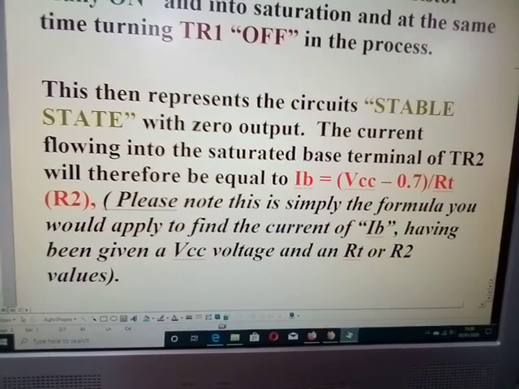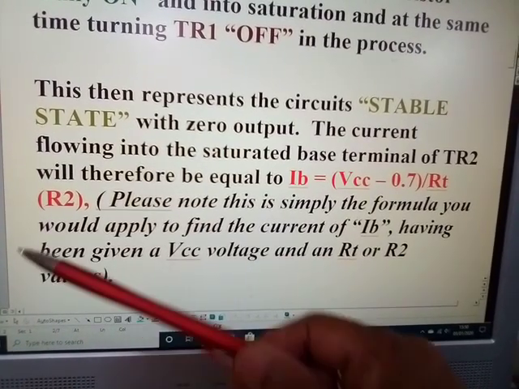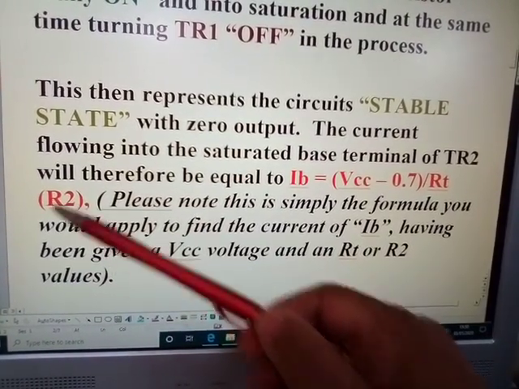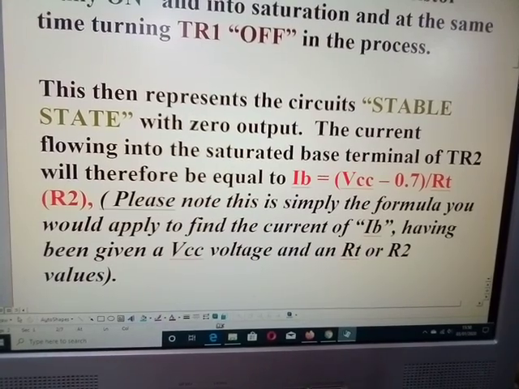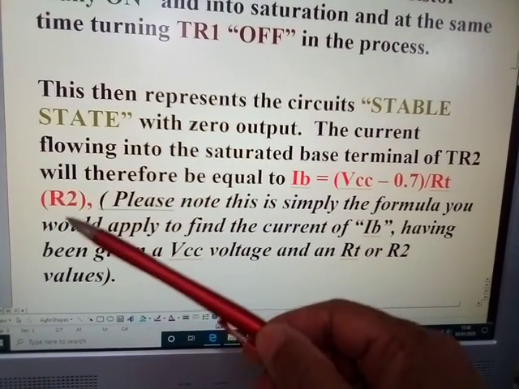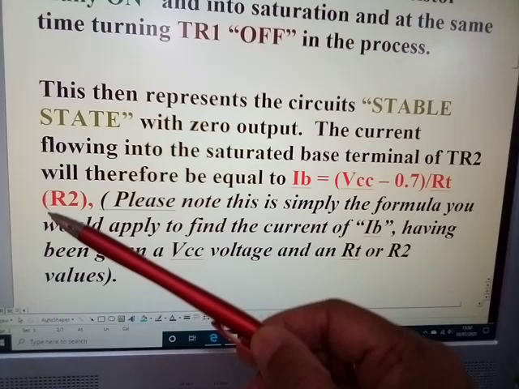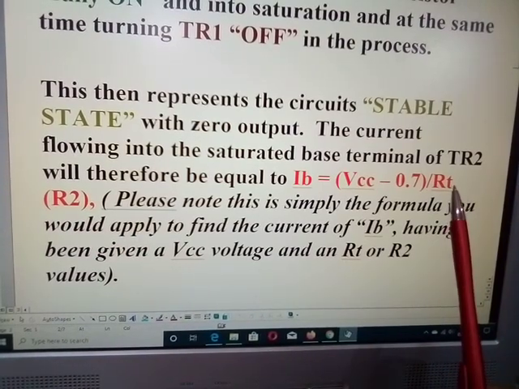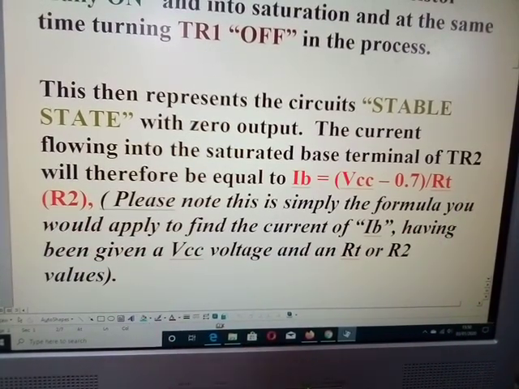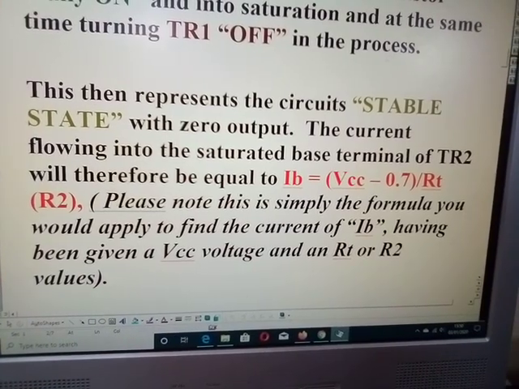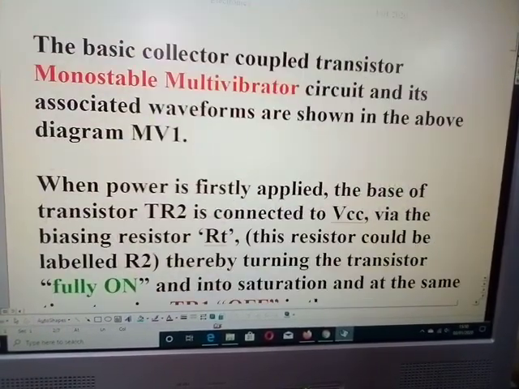Over RT. Now ignore R2, of course. It's only me putting this bit in as an R2, but it's not R2. Treat it as RT. R2 you can ignore in this case because R2 there is actually the other resistor. So let me make sure that we are quite clear on this.